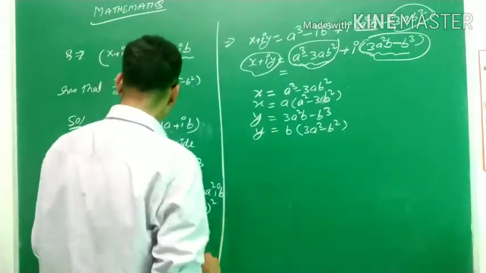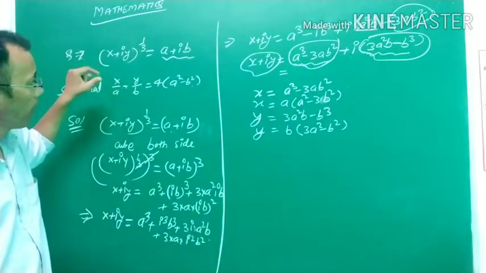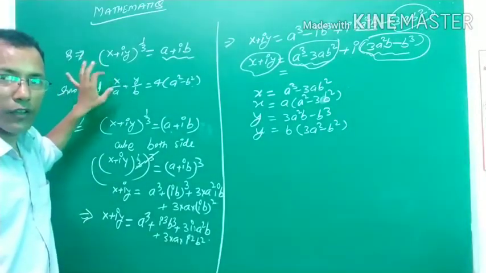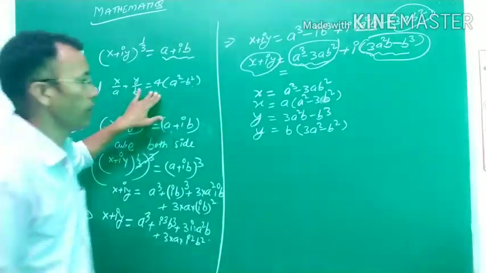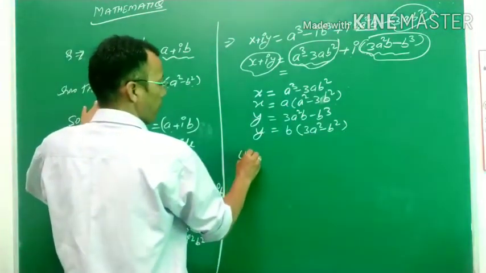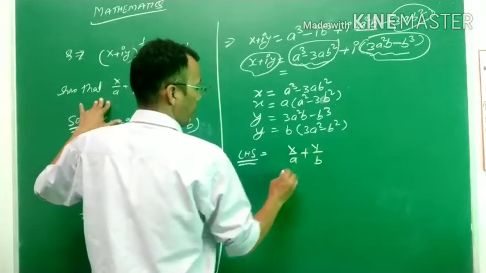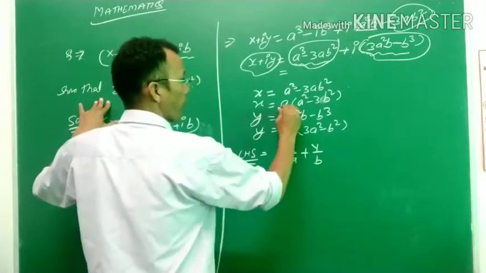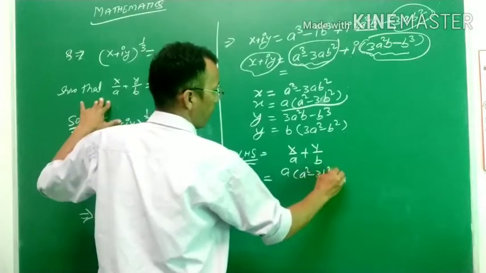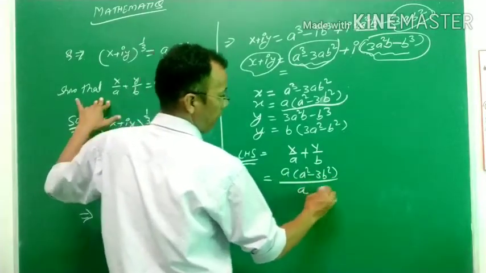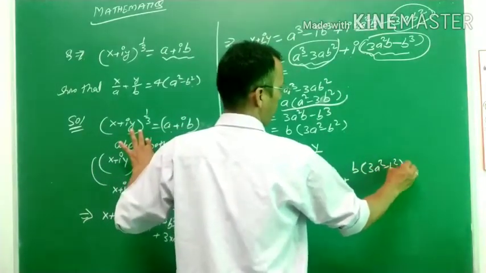Now we have to prove this one: x upon a plus y upon b. So let us put the values of x and y on the left hand side, and we will get the right hand side. The left hand side is x upon a plus y upon b. Here x is a into (a square minus 3b square) upon a, plus y is b into (3a square minus b square) upon b.